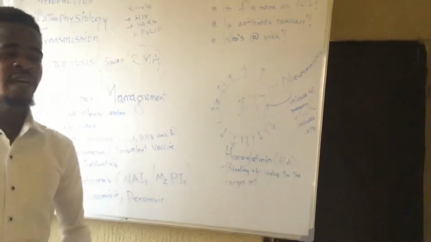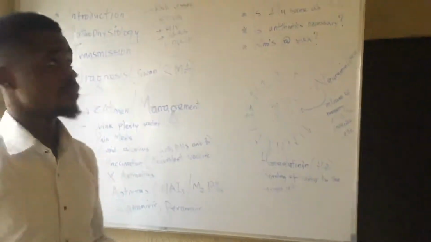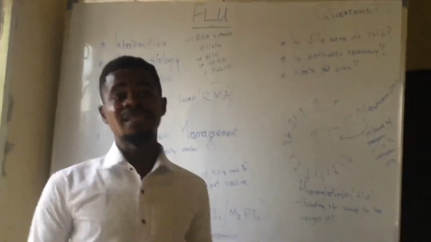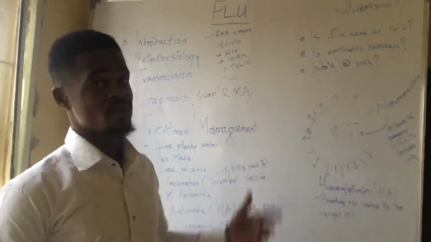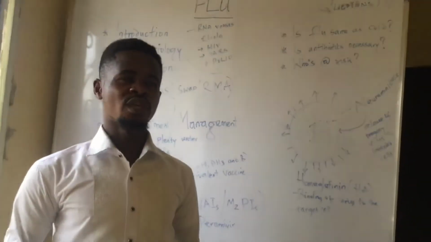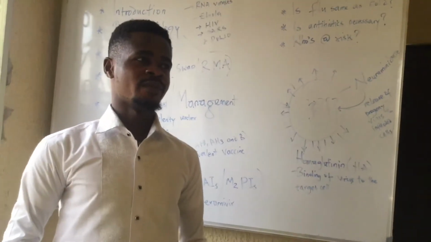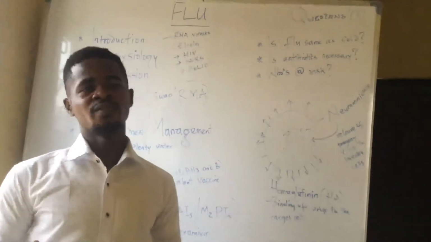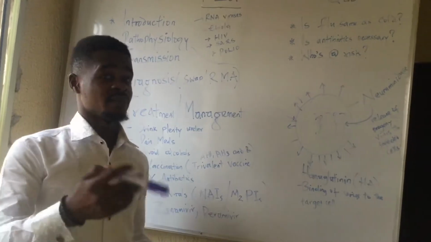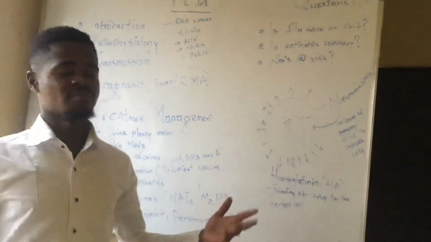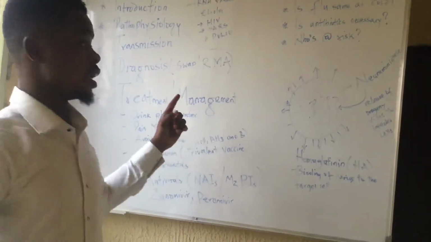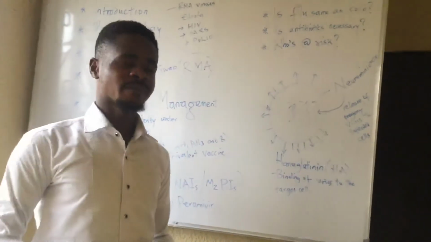And also we have complications. The leading complication of flu is majorly pneumonia, and we can also have septicemia. It's very rare, but pneumonia is common.